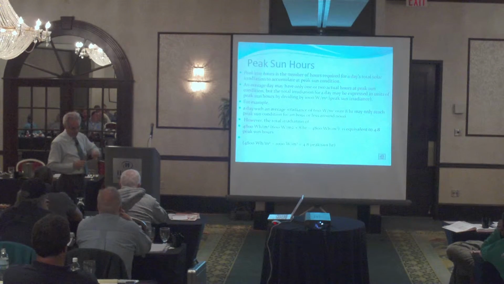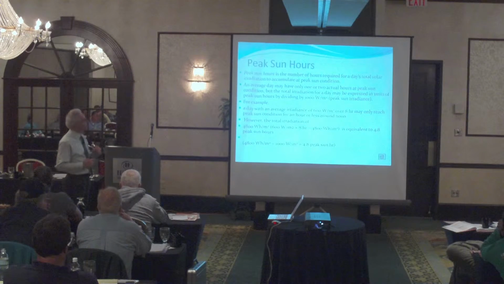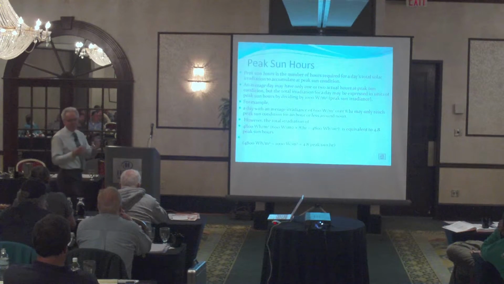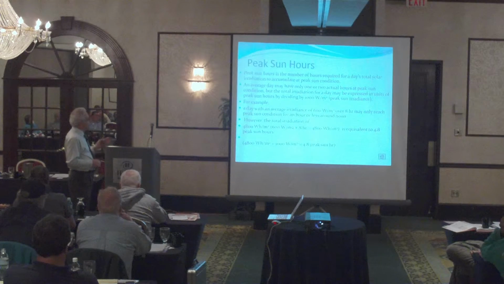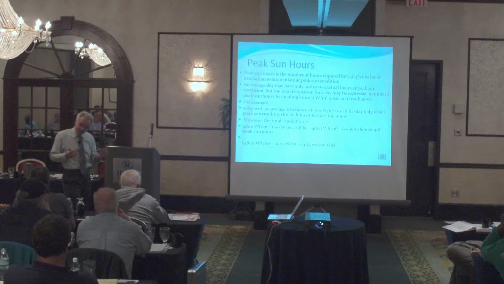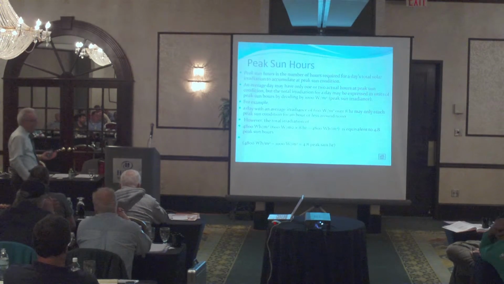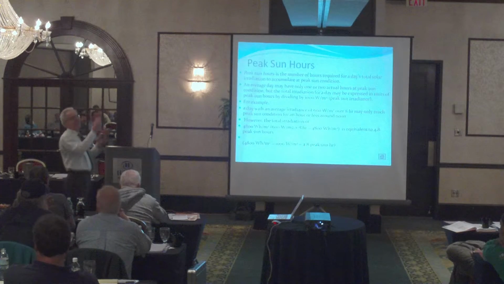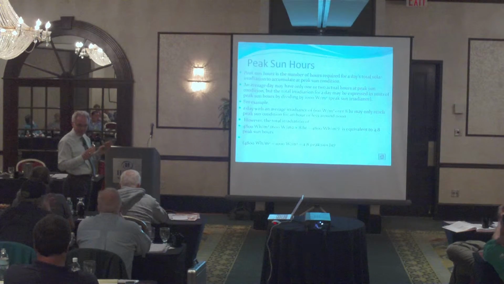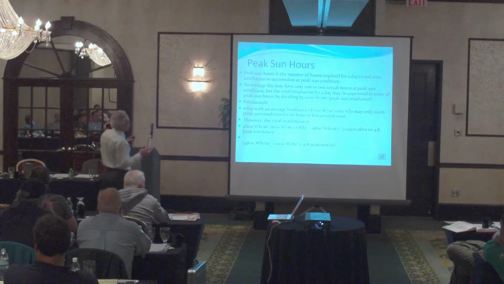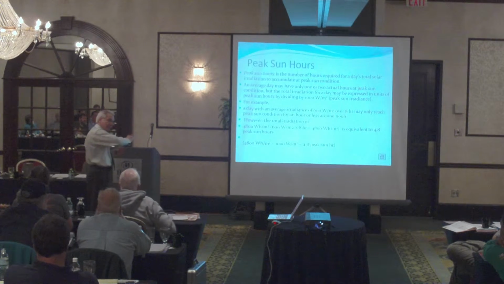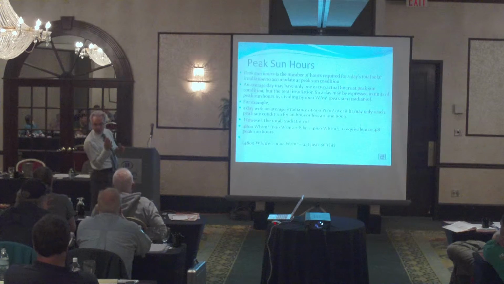How many hours am I going to have this radiation shining, and what is the total amount of it? In an average day, I may have a certain number of hours where the sun gives me the peak amount. Why a peak amount? Because as the sun moves, the amount of radiation that hits the Earth varies.